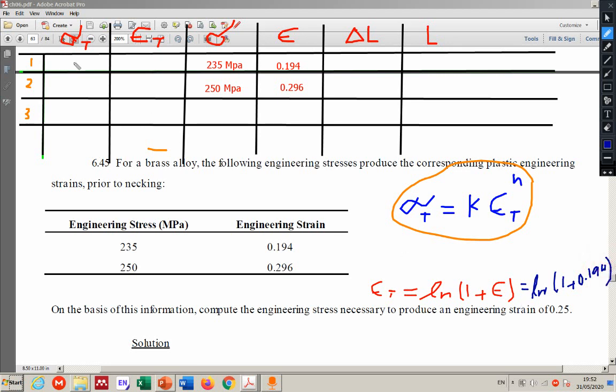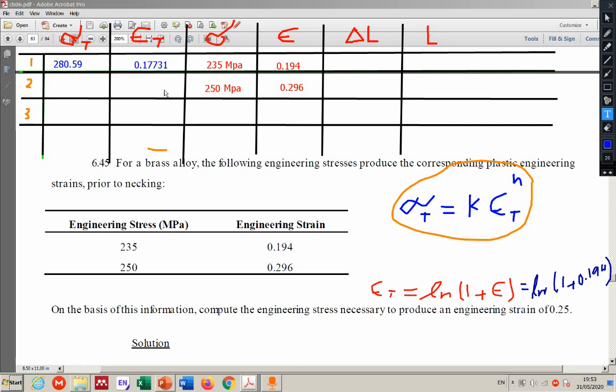So I can find this one and type this one back again here. It was 280.59. If you calculate this one, you're going to get the true strain as well: ln of 1 plus 0.194 gives 1.17731. I'm not writing it as 4 or 5 digits, that is to be accurate.